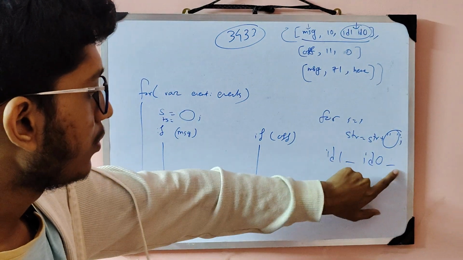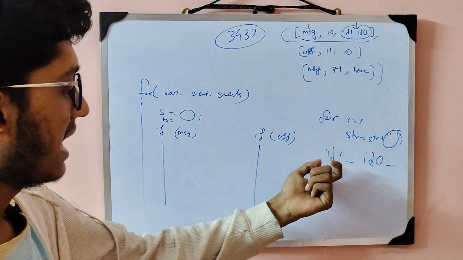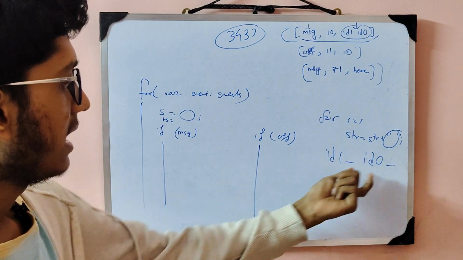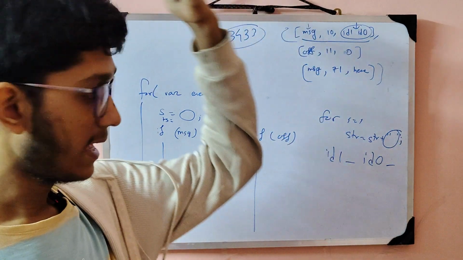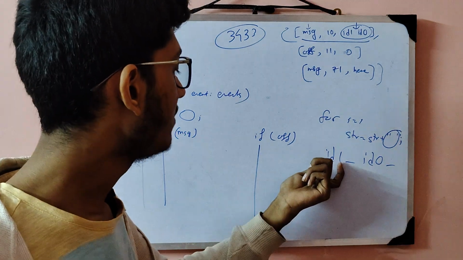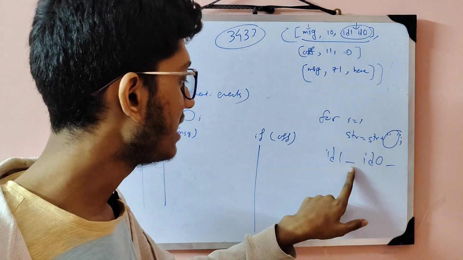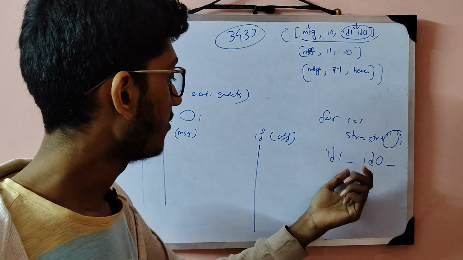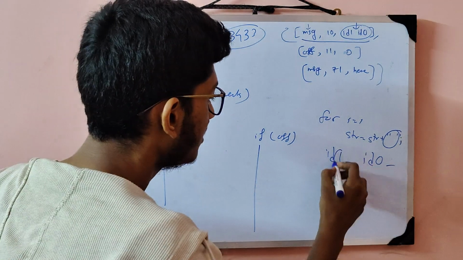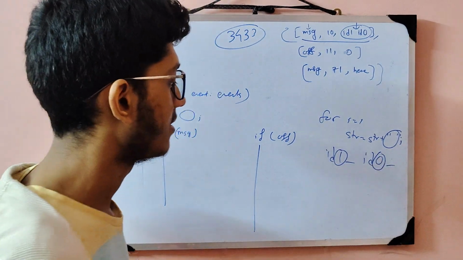After putting a space, you can extract this part and this part. You can split the whole string whenever there is a white space, and after extracting them, extract the digit.